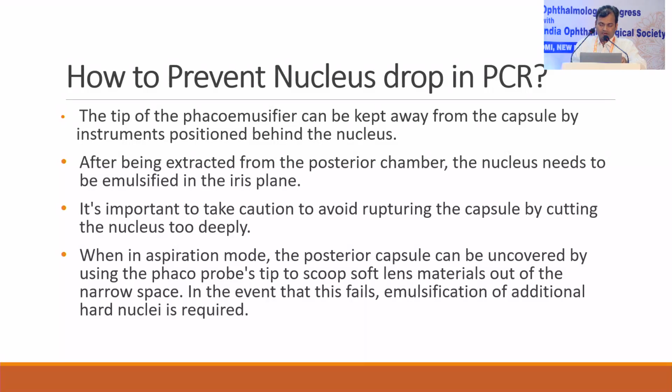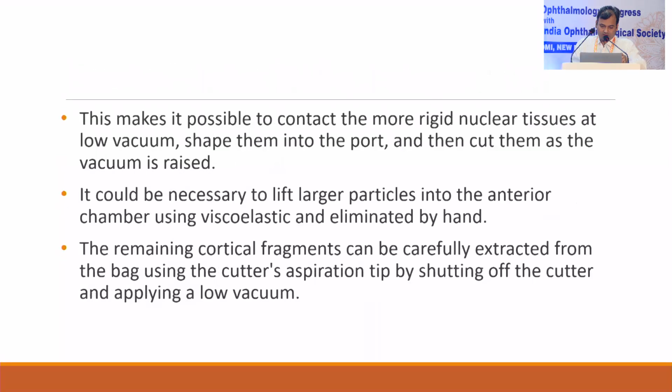And in aspiration mode, the posterior capsule can be uncovered by using the phaco probe tip to scoop the soft lens material out of the narrow spaces. It could be necessary to lift the larger particles into the anterior chamber by using viscoelastic and eliminate them by hand rather than using the phaco probe.